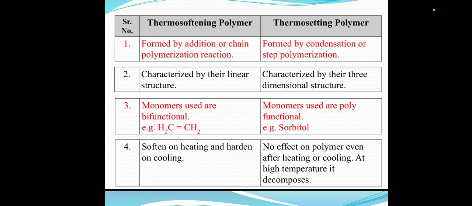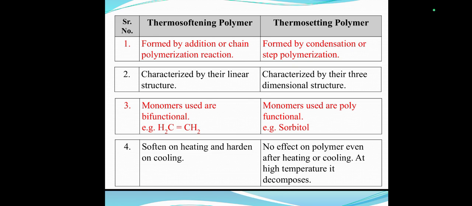In thermosetting polymer, monomer molecules are polyfunctional, having many functional groups, for example OH groups. An example is sorbitol. Here in thermosetting we get a 3D structure, so a 3D structure requires polyfunctional monomers, and in thermosoftening we get a linear structure.